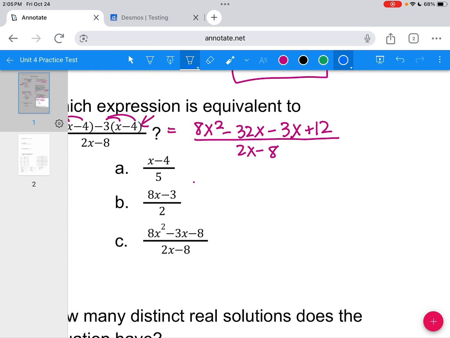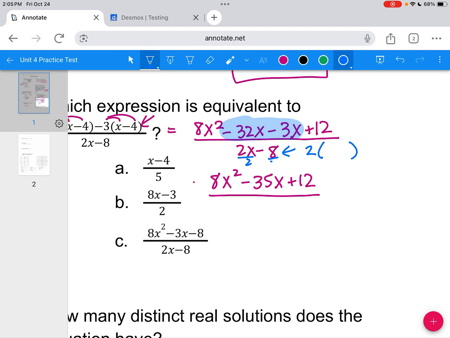So we can combine like terms. We get 8x squared minus 35x plus 12 over, and let's factor this really quick. I can divide both of those by a 2. When I divide them both by 2, we end up with x minus 4. So my new denominator is just 2 times x minus 4.